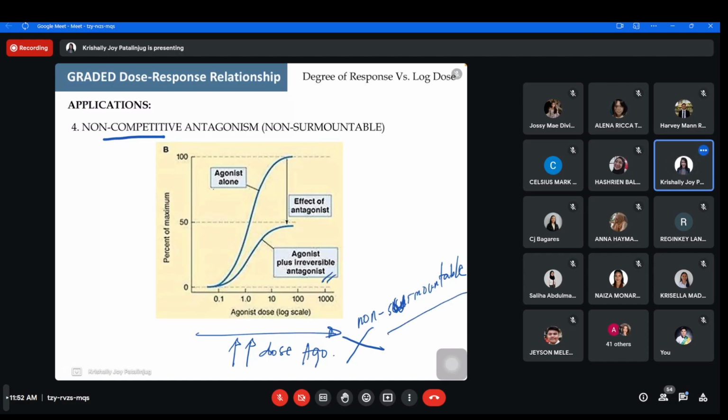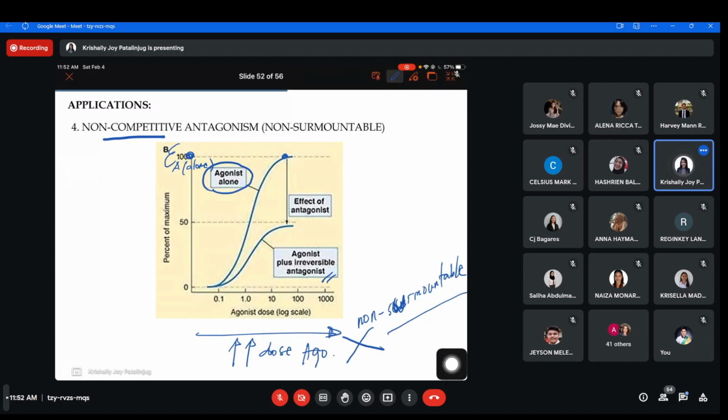O tingnan. This is the plotted graph of the agonist alone. So it has this efficacy for agonist alone. Now, with the presence of an antagonist, particularly, di ba, this is an allosteric antagonist, or sabi dito, it is an irreversible antagonist. So may kasama siyang irreversible antagonist.